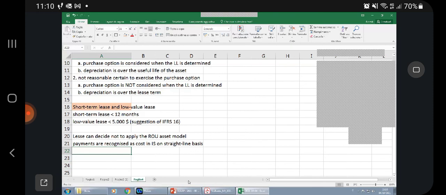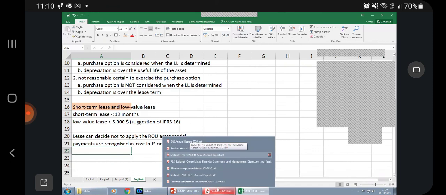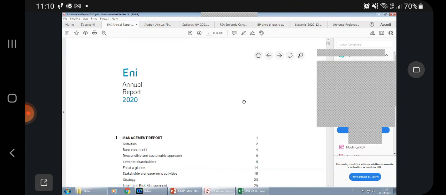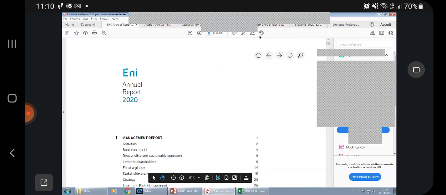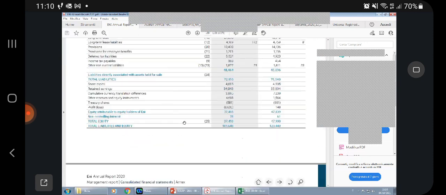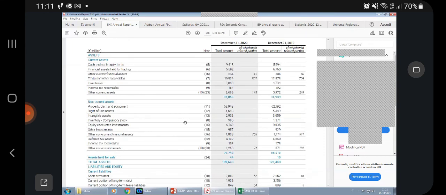So before moving to the lessor, I would like to have a look with you at ENI financial statements, and in particular page 188. This is the balance sheet. And here, right of use asset.